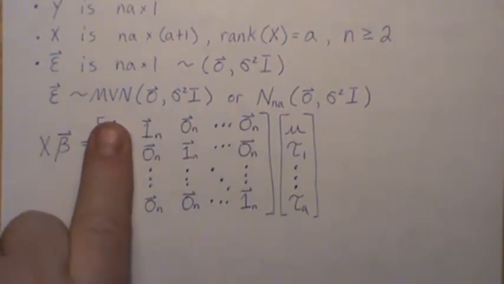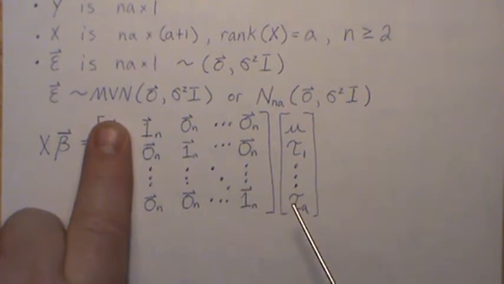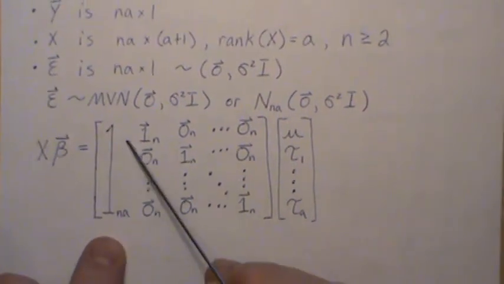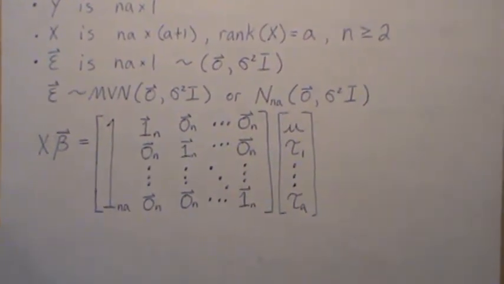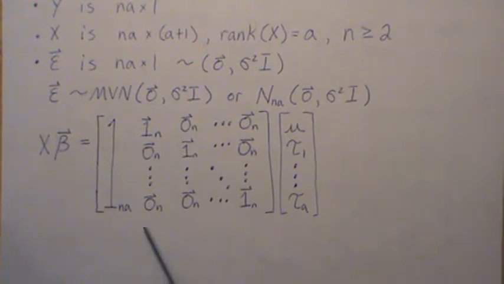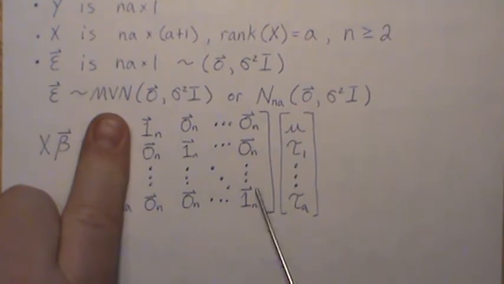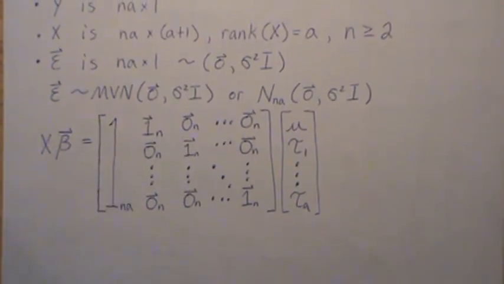But if we were to leave this first column off and then just take the span of these A columns, we'd actually get the same vector space because this is a redundant vector. It's dependent, it's not a set of independent vectors. But these are A independent vectors.